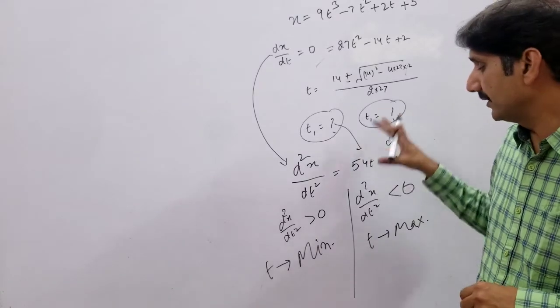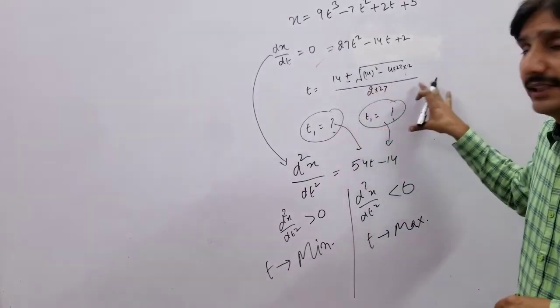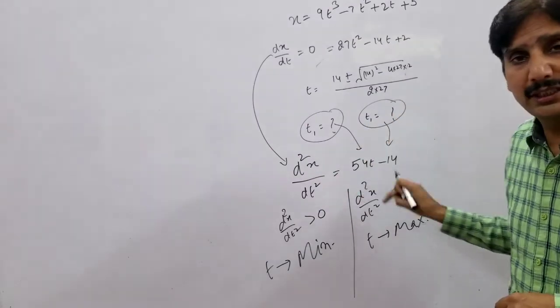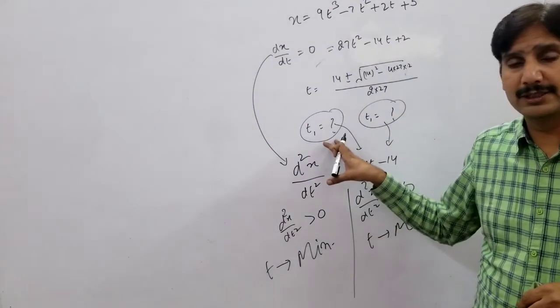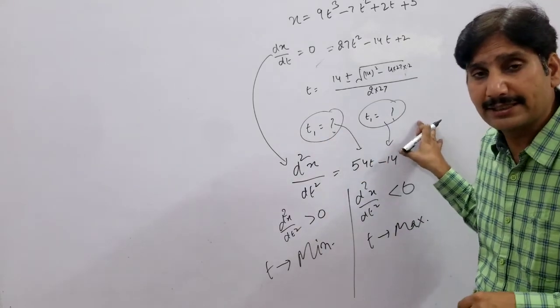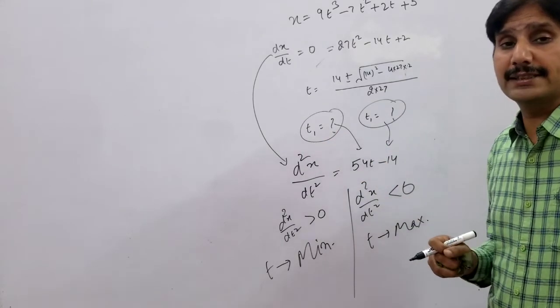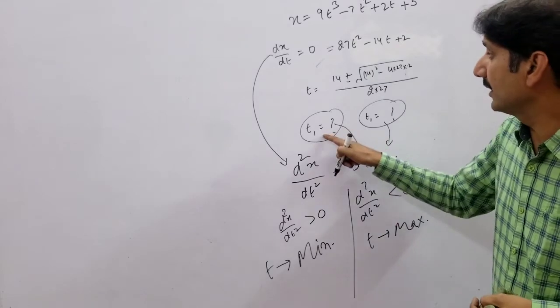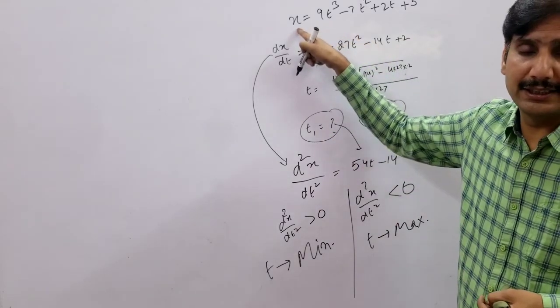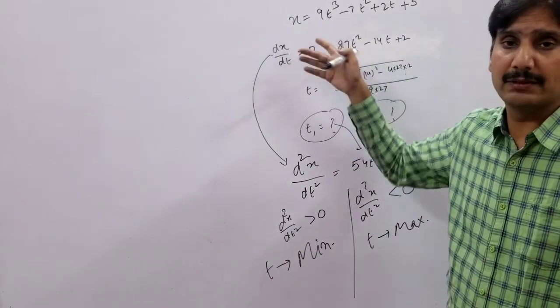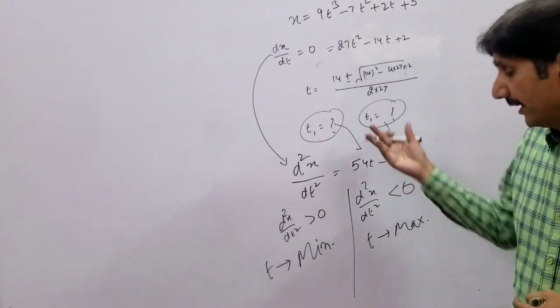I hope you carefully do this, solve this quadratic equation and put in these values and write in the comment box whether T1 was minima or maxima, T2 was minima or maxima, and how much farthest that body went away. So you can put in these values of T1 and T2 in the position equation to find out x1 and x2 to verify your results.